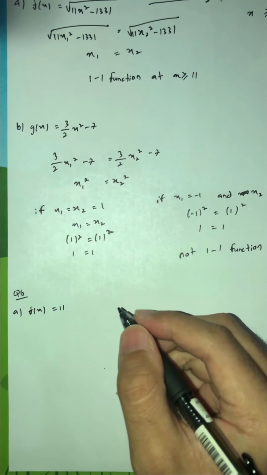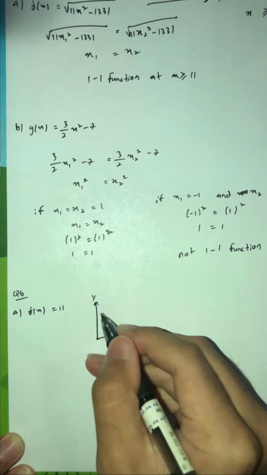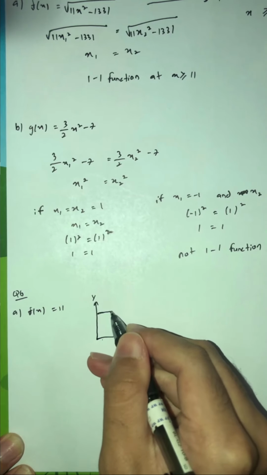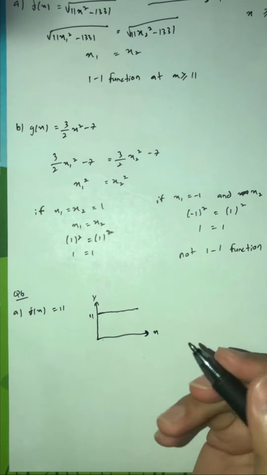So this is very simple. Personally, I prefer drawing the given function so that it is easier for us to see. If the function is simple, you can draw easily, right? This is y, x, this is f(x) equal to 11, right?